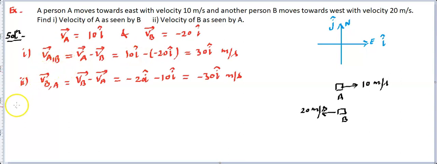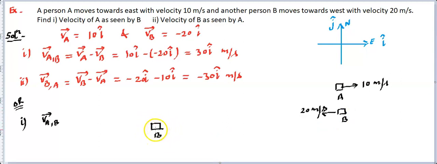So let's say this is the second method, and let's say we are trying this first part. And this first part is, we need to find the velocity of A with respect to B. That's what we need to find. So if we are interested in velocity of A with respect to B, then we will consider B as our frame of reference. So B will come at rest. So we will say this is B. Now B is watching things.